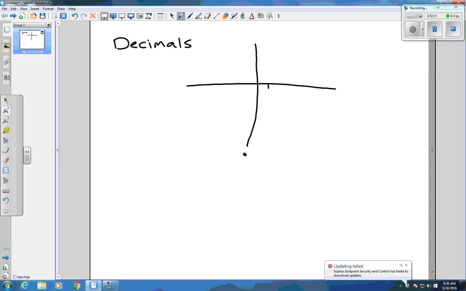The first spot to the right of the decimal point is known as tenths, okay? The first spot to the left of the decimal point is ones, and the second spot is tens, okay? There's a very big difference between tens and tenths. So make sure you know and understand that chart.